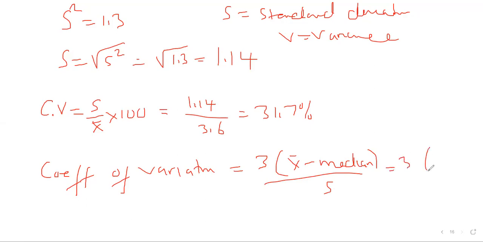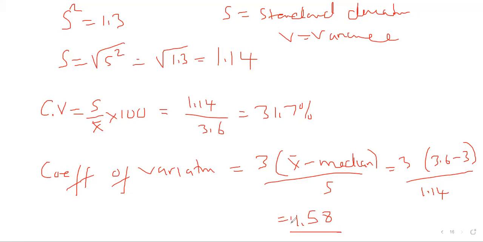Our mean, we've already established, is 3.6. Our median was 3, and our standard deviation we found as 1.14. So when you compute 3 times (3.6 minus 3) divided by 1.14, it will give you positive 1.57.